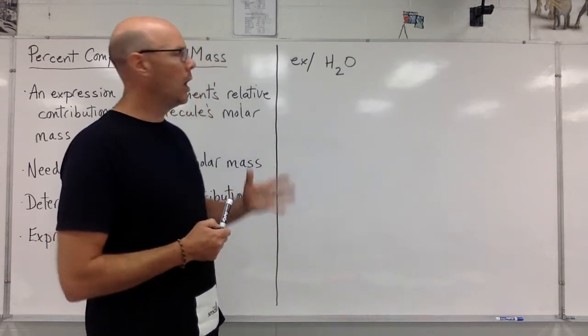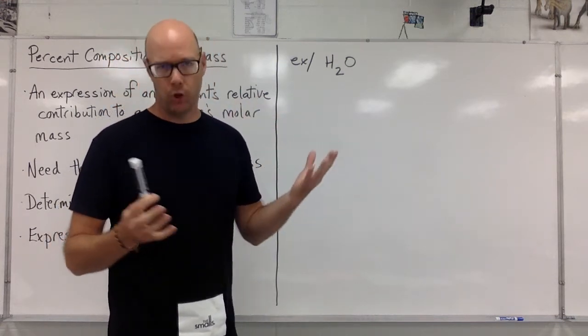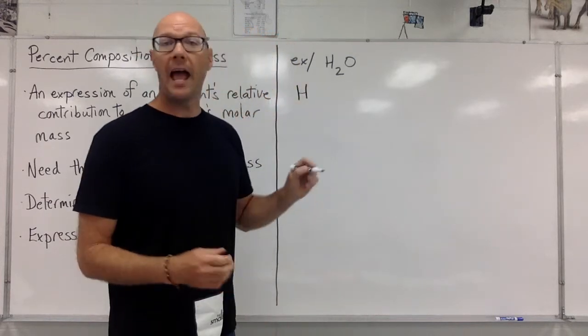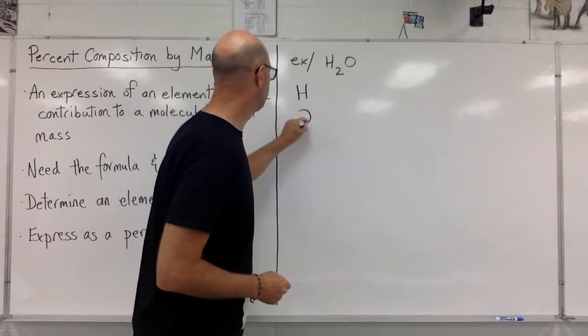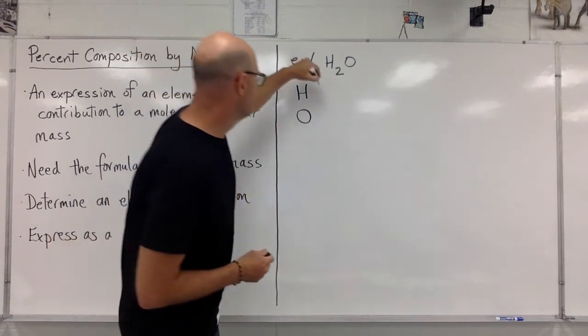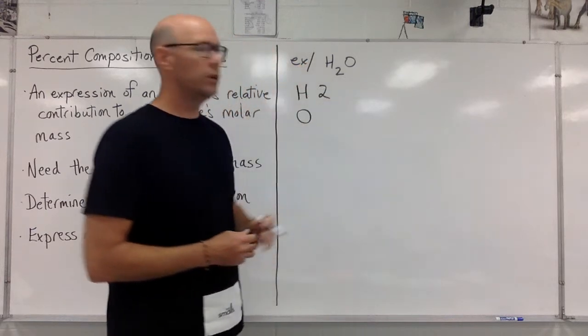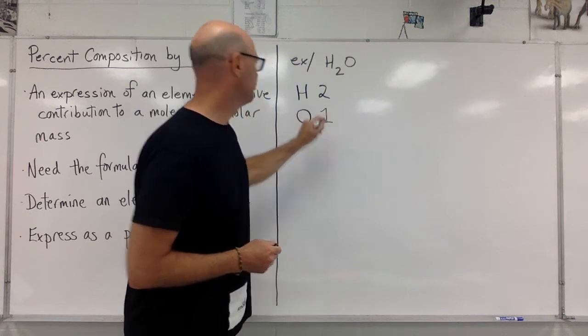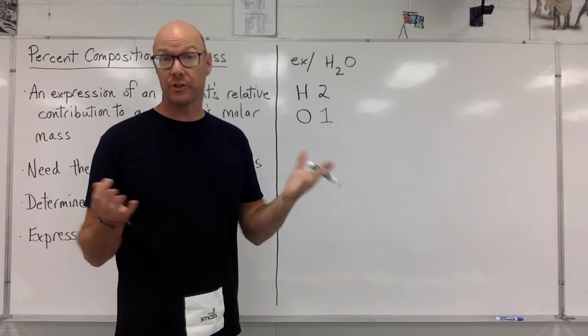I need to say, okay, what elements are present? It's a no-brainer. There's hydrogen and oxygen in this compound. How many hydrogens? 2. How many oxygens? 1. So fast, so easy.